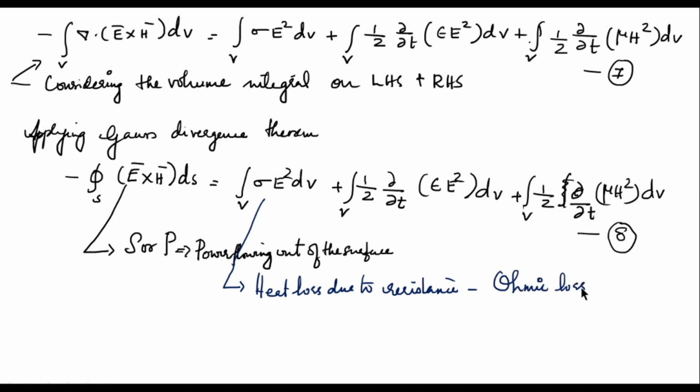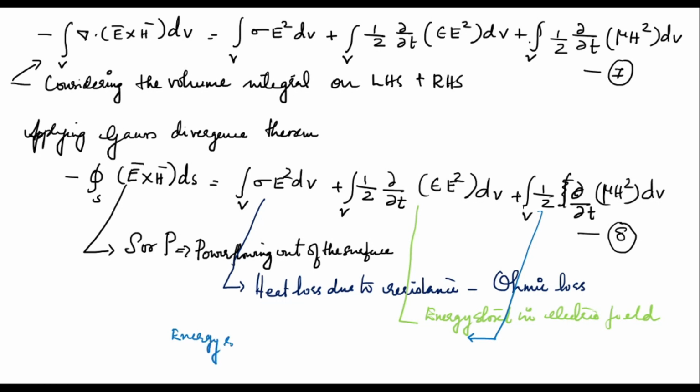The next term, the second term on the right hand side, dou by dou T of epsilon E square, shows the energy stored in the electric field. The third term shows the energy stored in the magnetic field.